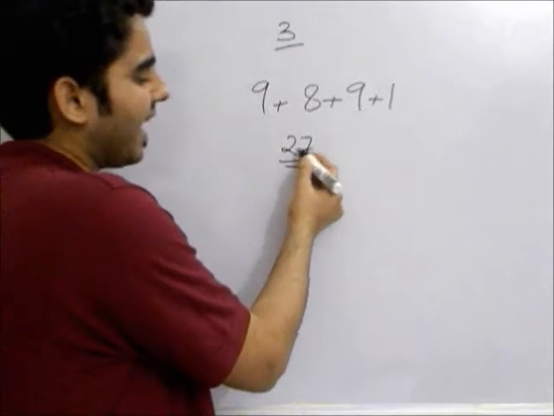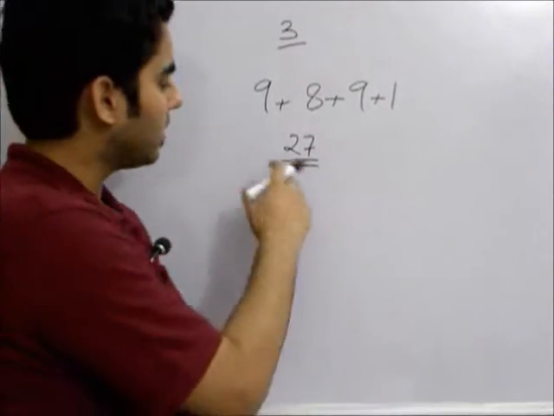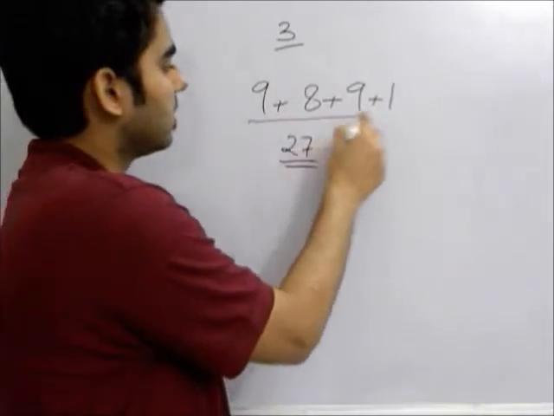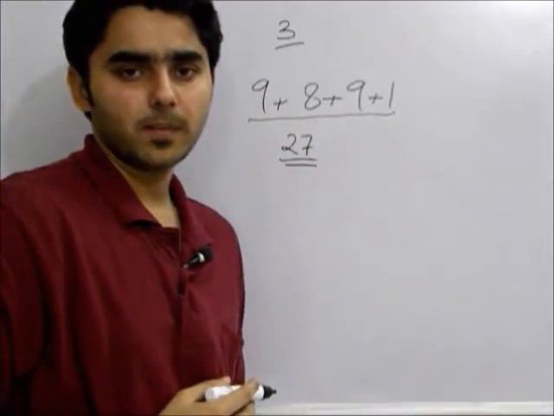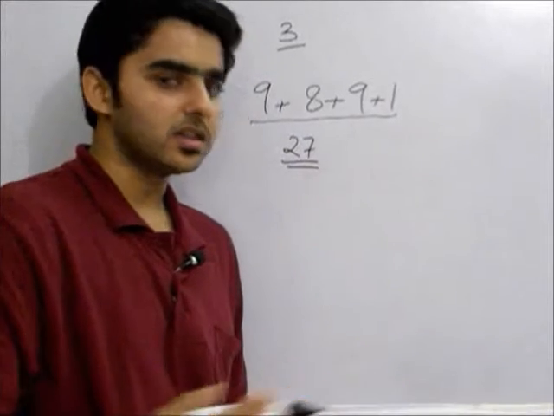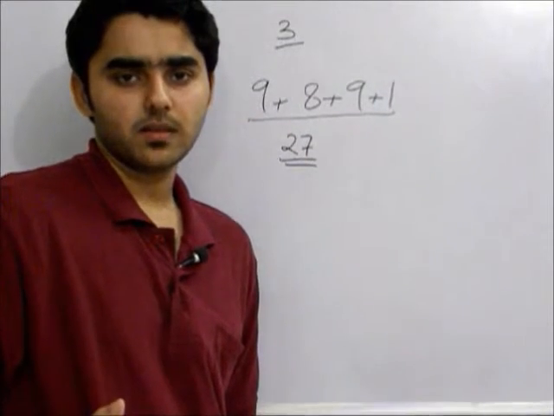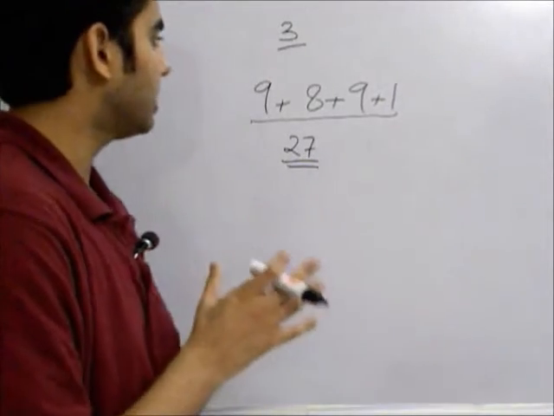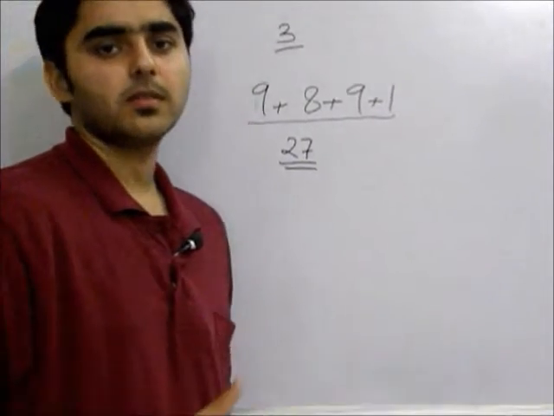You can again add the digits, but if you know that 27 is divisible by 3, the whole number is divisible by 3. So if the sum of the digits of a number is divisible by 3, then the whole number is divisible by 3.